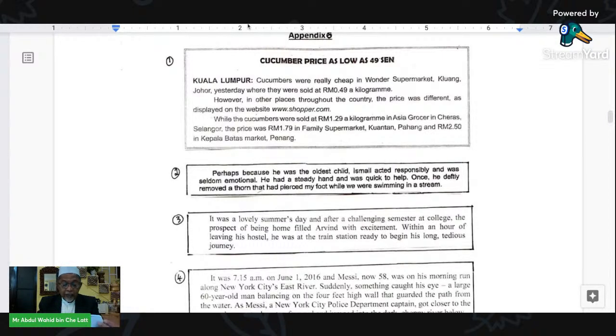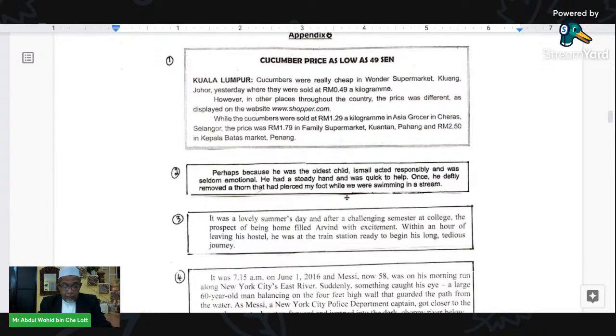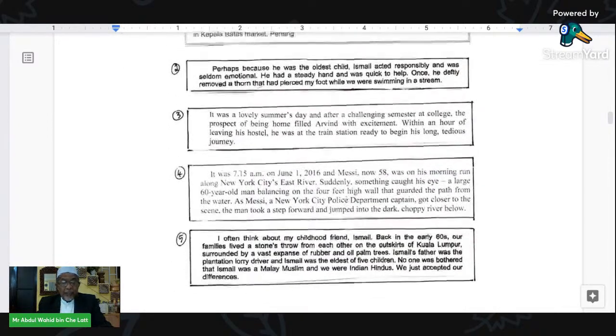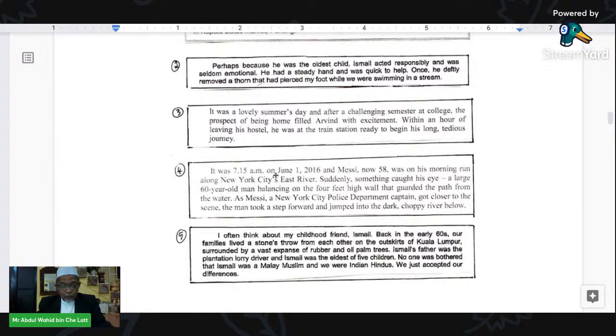So it's a narrative description. Extract 4. It was 7:15 a.m. on June 1st, 2016, and Messi, now 58, was on his morning run along New York City's East River.